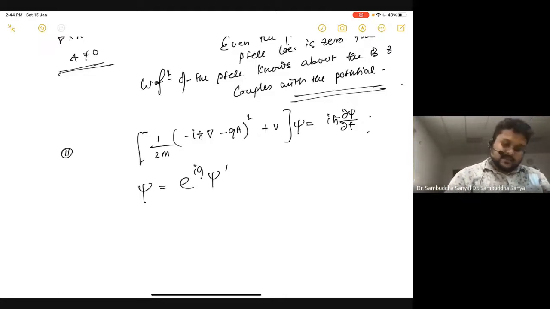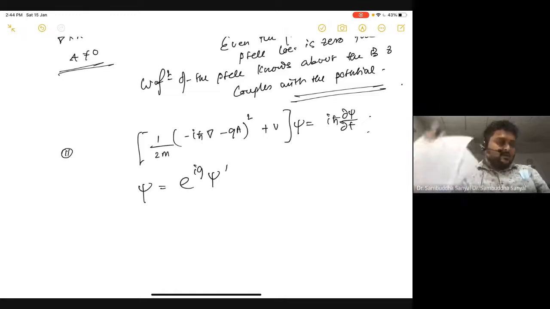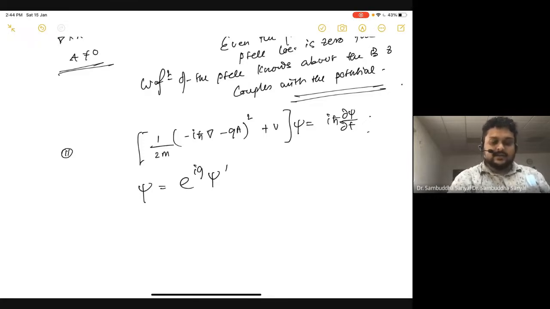To work that out, I simply know that if I turn on a field, I can work out the influence of that on the eigenfunction if I know the solution without any field, if that solution is psi prime.